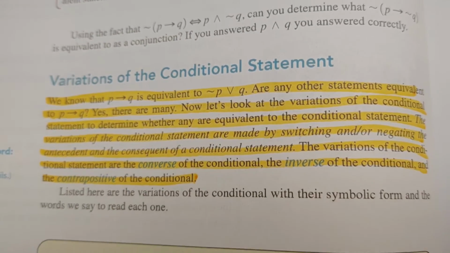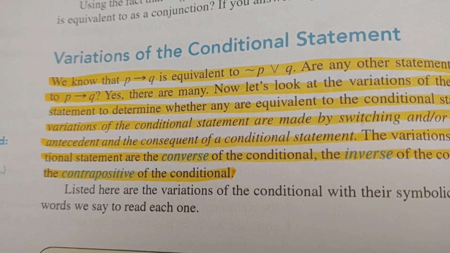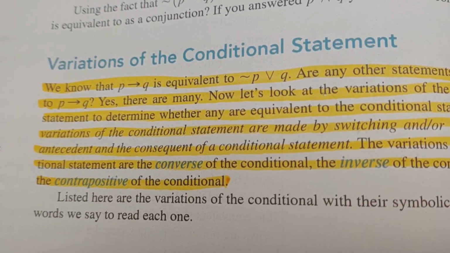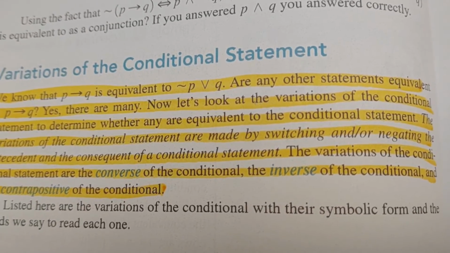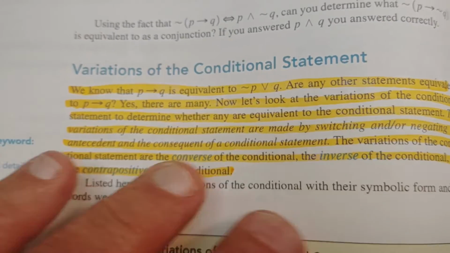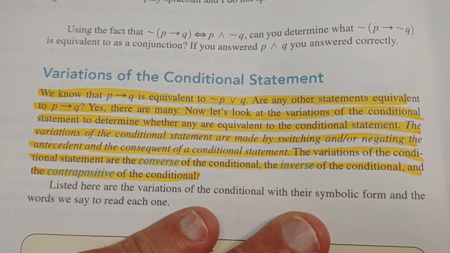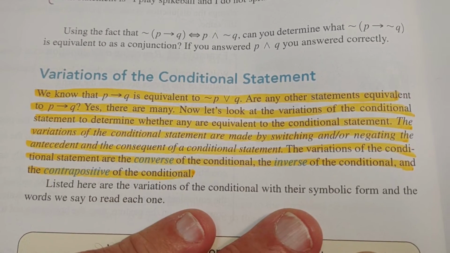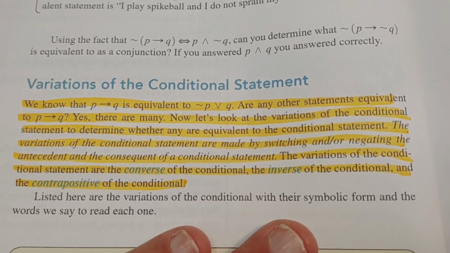Variations of the conditional statements. This reads straight from the book on page 132. We know that P conditional Q is equivalent to negated P or Q. Are any other statements equivalent? Yes, there are many. Now let's look at the variations of the conditional statement to determine whether any are equivalent to the conditional statement.